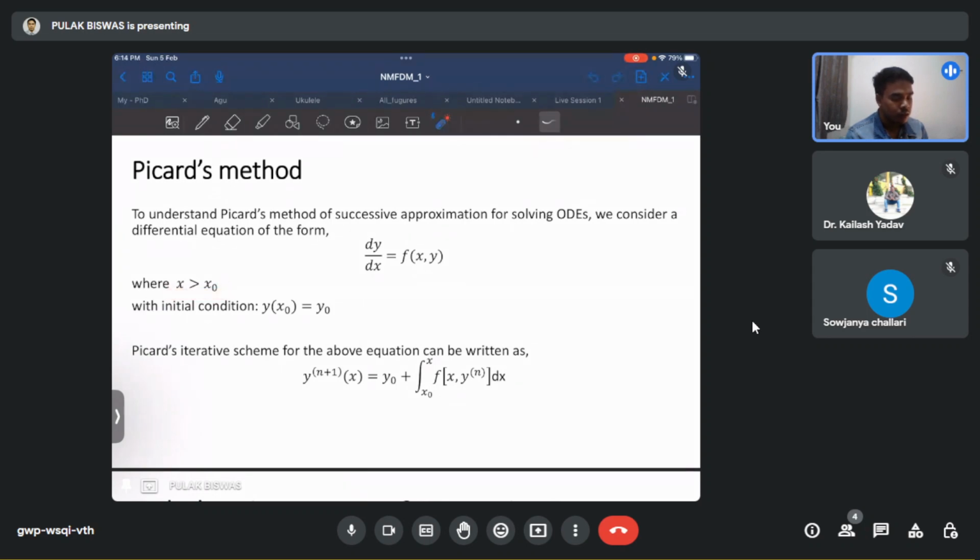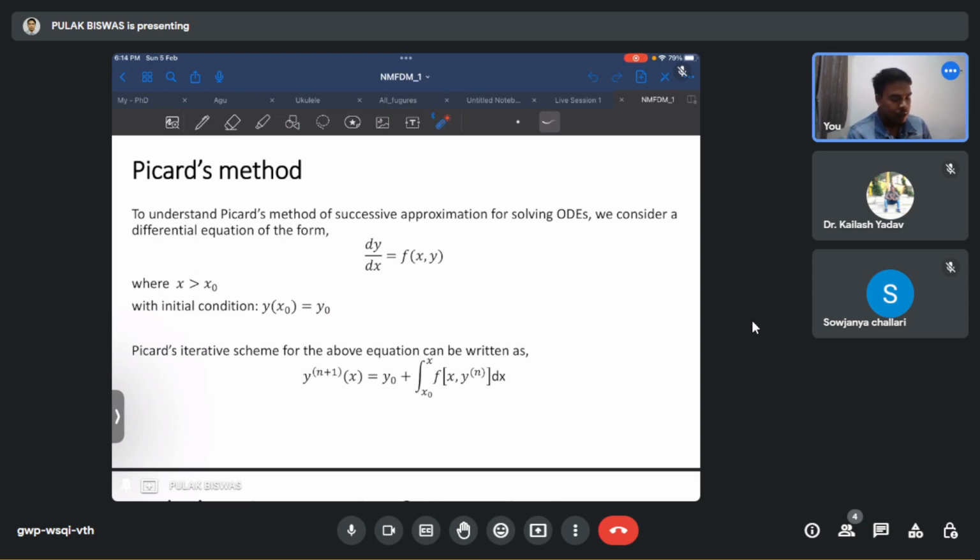So this is valid for all x starting from x0, and also the initial condition is provided, that is at x0 the value of y is y0.